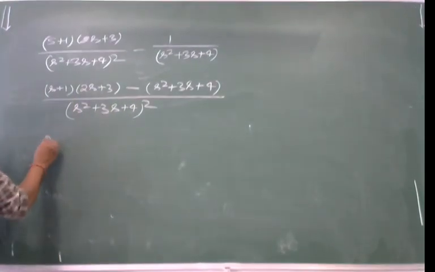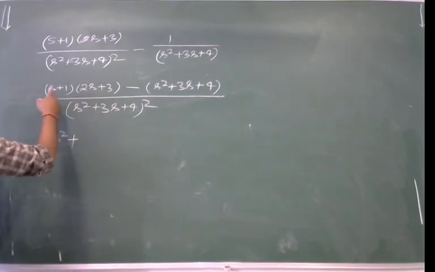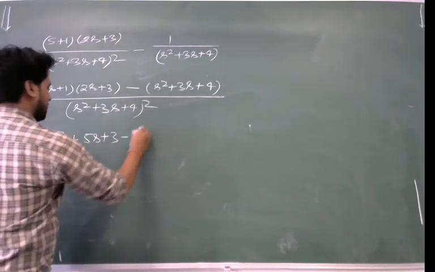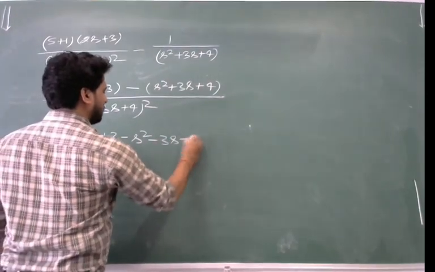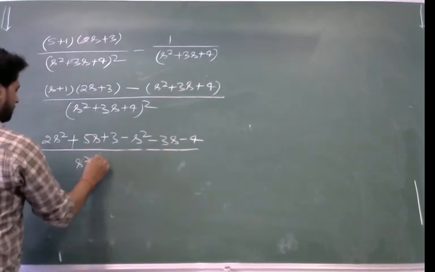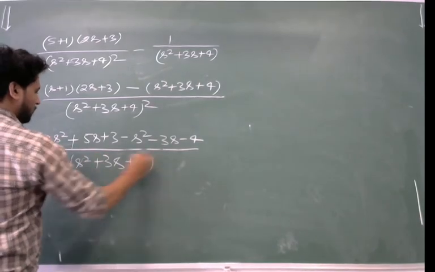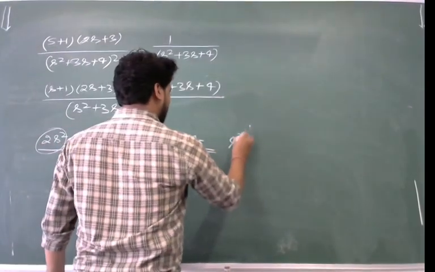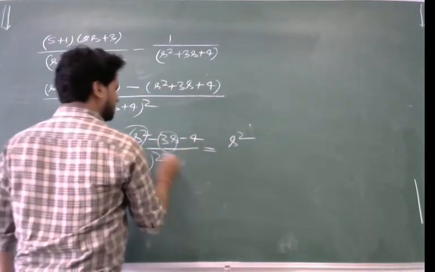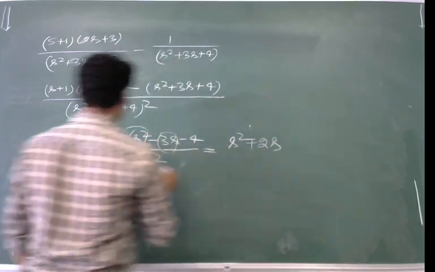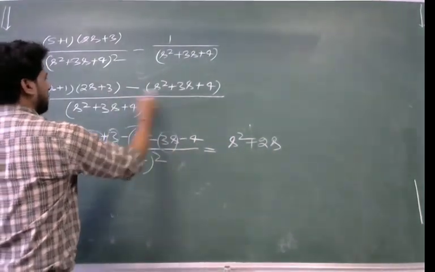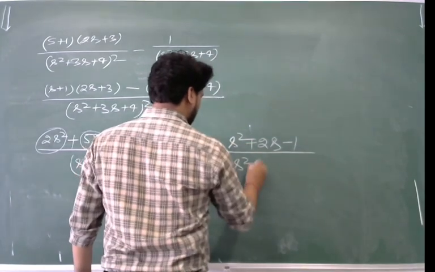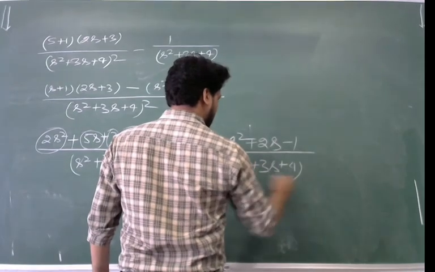So this will become 2s² + 3s + 2s, that is 5s + 3, minus s² minus 3s minus 4, upon (s² + 3s + 4) whole square. 2s² minus s² will become s², 5s minus 3s will become plus 2s, and 3 minus 4 will become minus 1, upon (s² + 3s + 4) whole square.